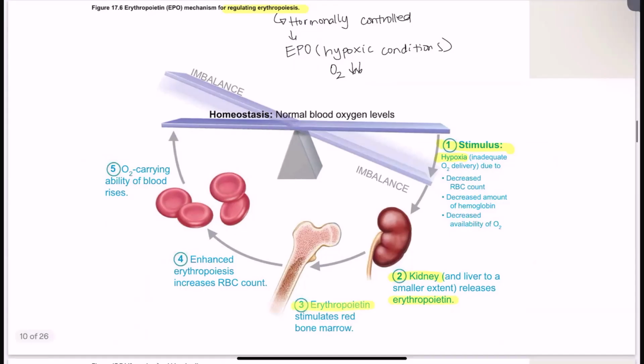And erythropoietin stimulates the red marrow to mature those red blood cells faster. So that leads to increasing our red blood cell count, and then our oxygen increases again. So then we're no longer hypoxic. And then similarly, the opposite is true. If there are too many red blood cells, there's more oxygen than we need. So then we would suppress EPO and slow down red blood cell production.